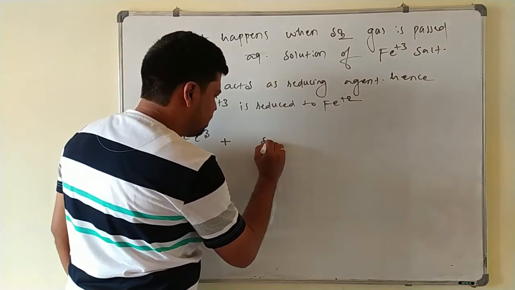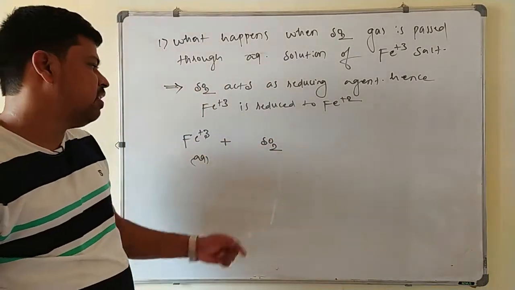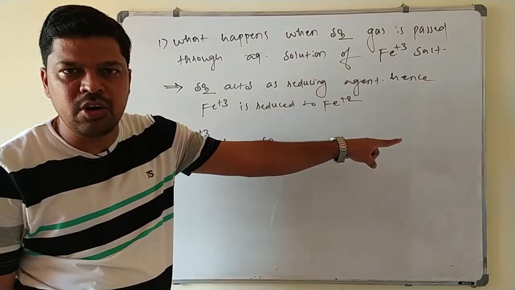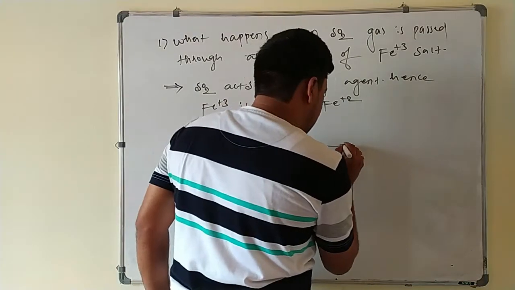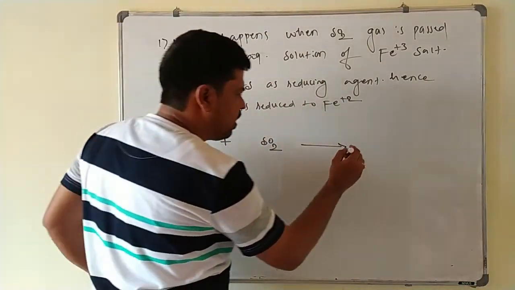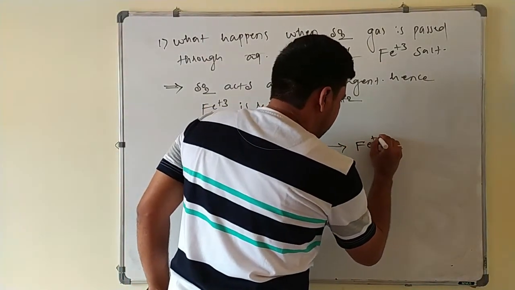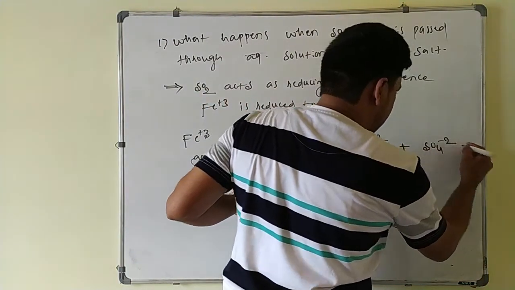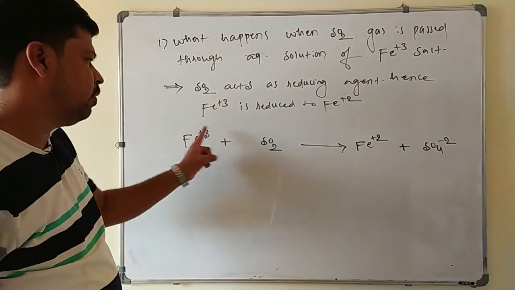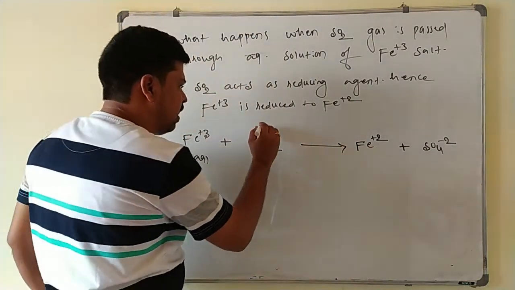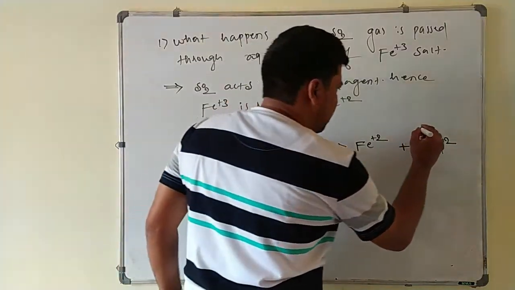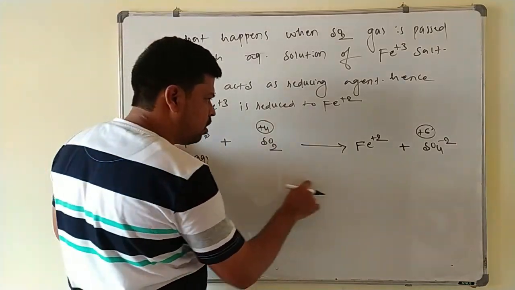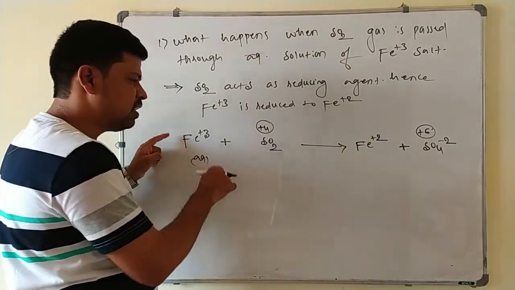Through this one you have to pass SO2 gas. Always you keep in mind SO2 is undergoing oxidation and it is acting as what? Reducing agent. SO2 is always converted into what? Sulfate ion here. So here Fe+3 is converted into what? Fe+2 because it is undergoing reduction, and SO2 is converted into sulfate ion, that is SO4-2 here. So we have to cross multiply the change in the oxidation state, and here the oxidation state is +4 and here oxidation state is what? +6, and here oxidation state is what? +3 to +2, only one oxidation state is changing here.